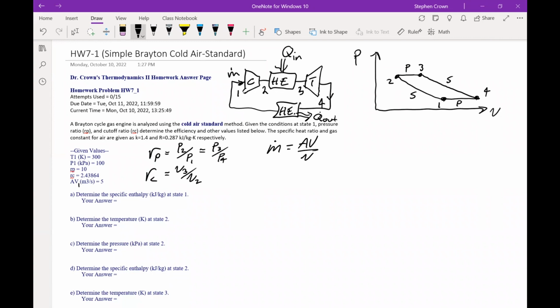So let's start there. Specific volume at state 1, I could use the ideal gas law, which would be RT1 over P1. And for air as an ideal gas, R is 0.287 kilojoule per kilogram K. T1 is 300 K. And P1 is 100 kPa.